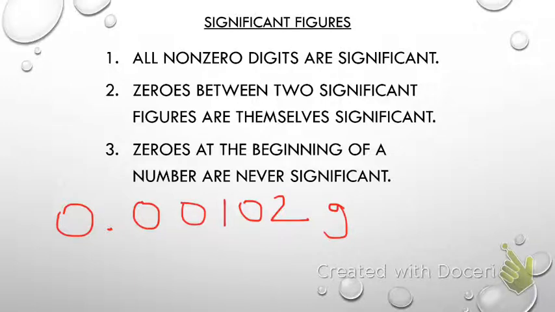These 3 zeros are not significant. This 0 is, because it's between the 1 and the 2. So for that term, there are 3 significant figures. Those first 3 zeros were not significant whatsoever.